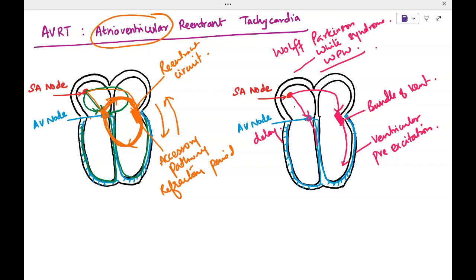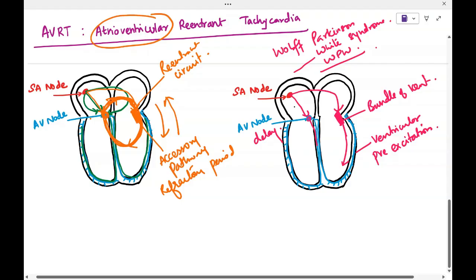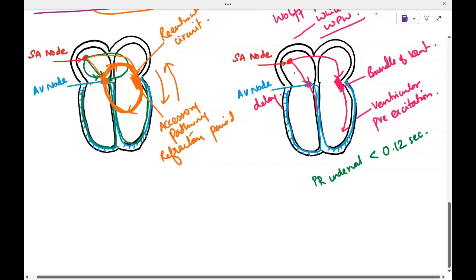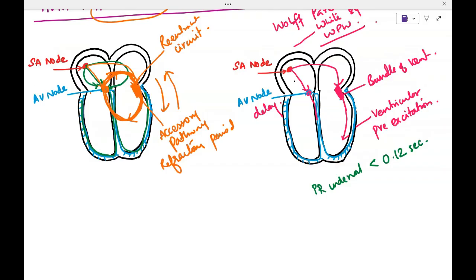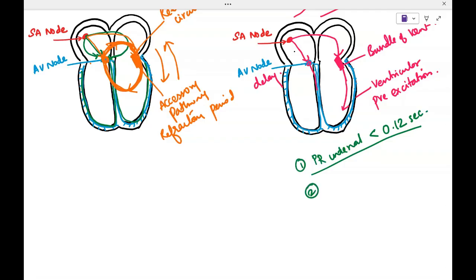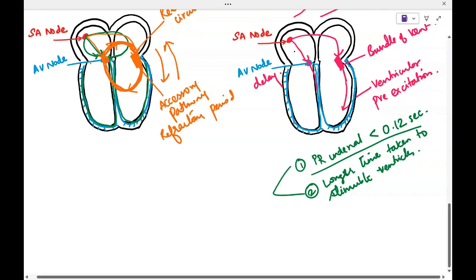That is why one important feature of WPW syndrome is a PR interval less than 0.12 seconds. Now, the impulse coming through the bundle of Kent takes a longer time to stimulate the ventricles, and along with the short PR interval, both are responsible for the delta wave.